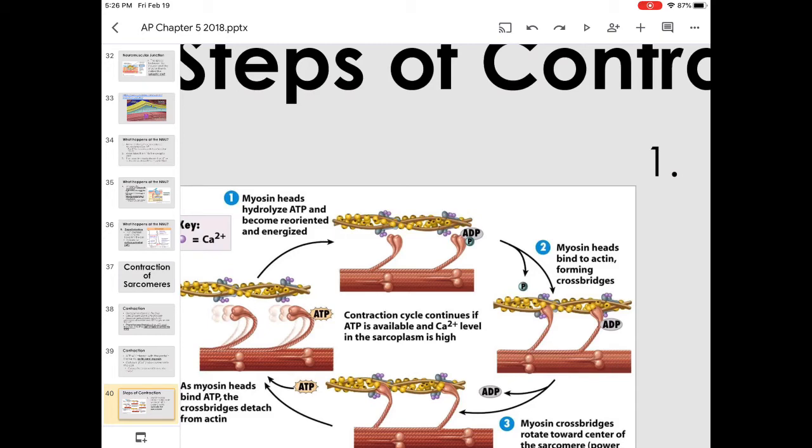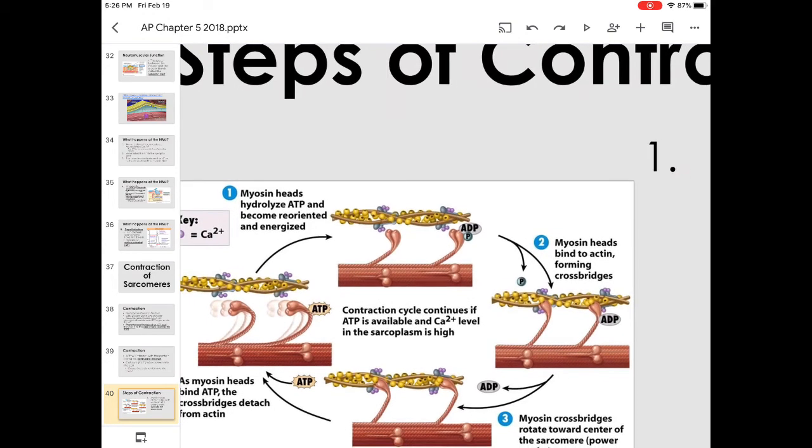So let's go through the steps of contraction. The first thing that you see, step 1 right here, is that the myosin is going to have something called heads, and they're going to hydrolyze ATP so that it can provide the energy that it needs for the muscle contraction.